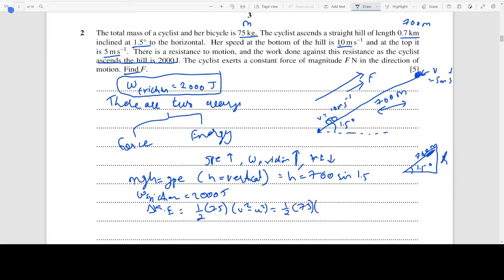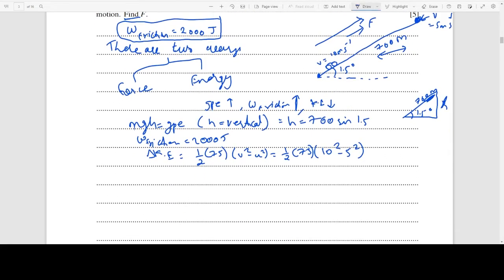Now since you're only concerned with the magnitude, we'll have to take the velocity with the bigger value first. So 10 square minus 5 square. So it all comes down to this final equation, which is m into g into h plus 2000.